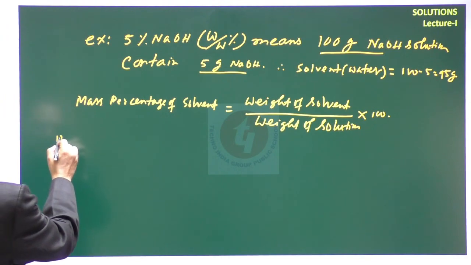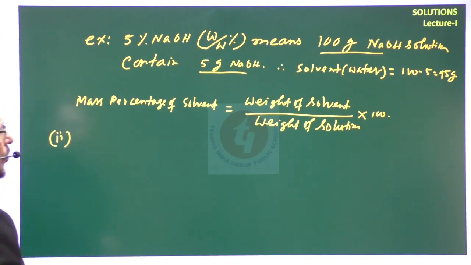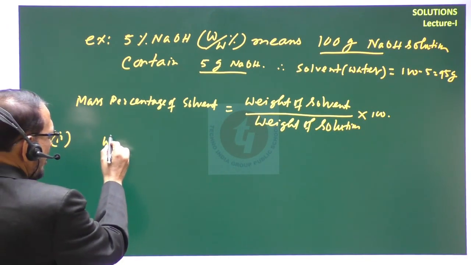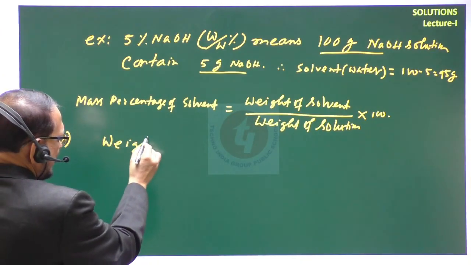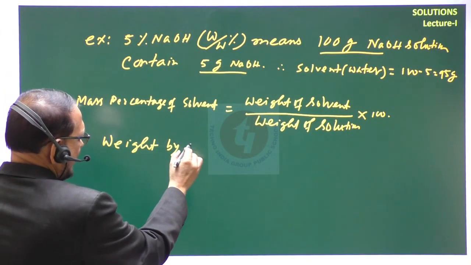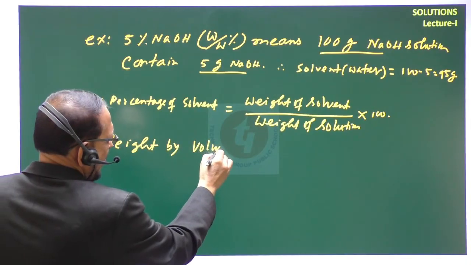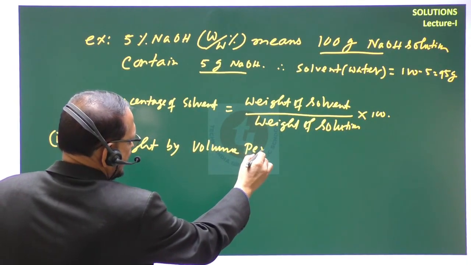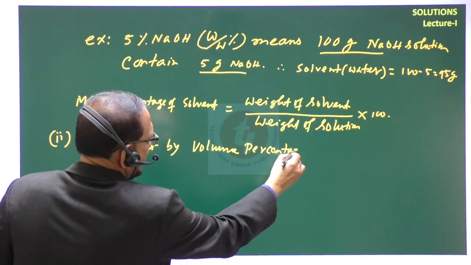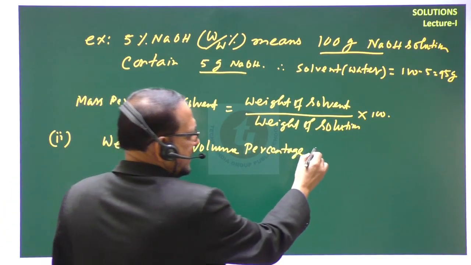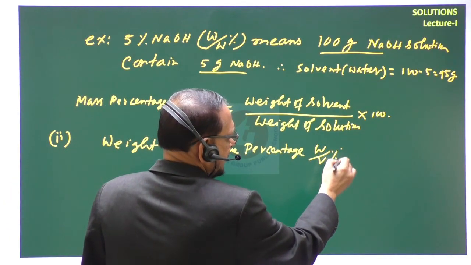Number 2 is weight by volume percentage, that is W by V percentage.